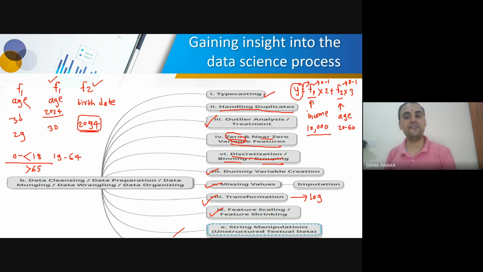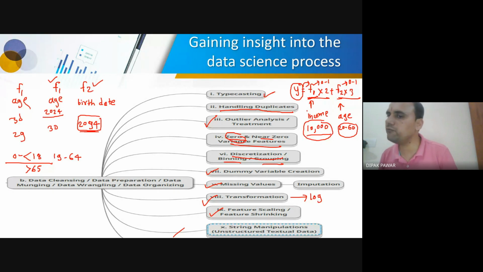Why is feature scaling required? Suppose my output y is f1 times 2 plus f2 times 3, so the parameters are f1 multiplied by 2 and f2 multiplied by 3. If I consider f1 as income, the income value is a 5-digit value, and if f2 is age, it is a 2-digit value. If you take the calculation here, the most weightage will be given to whom?